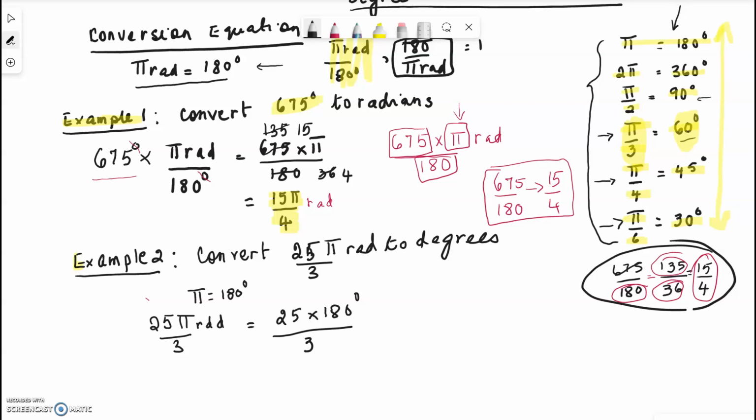Now just simplify this. Use your calculator. I'm doing this by hand. You don't have to. 60 times 25 is 1500 degrees. Remember that we're measuring in degrees. We've made that conversion.